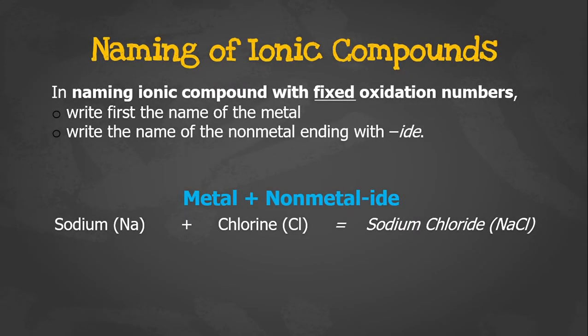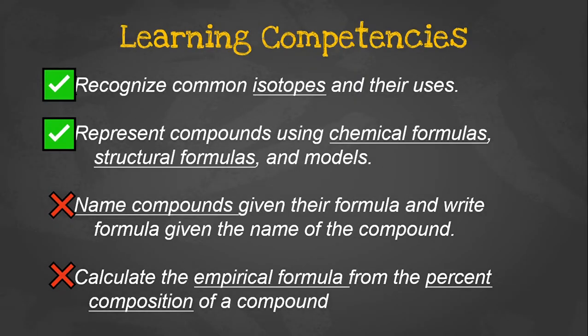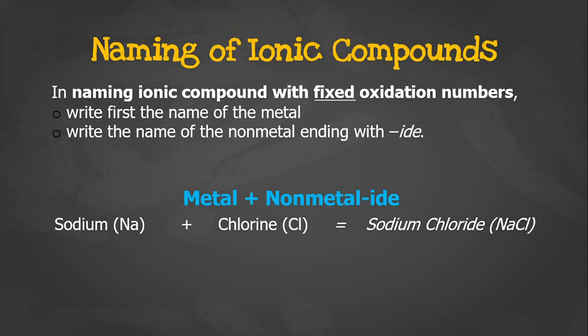Okay, so before that, nga pala, bago tayo magtuloy, review lang natin kung paano natin malalaman if a compound is ionic or covalent. Okay, because again, magkaiba yung rules in naming ionic compounds and covalent compounds.